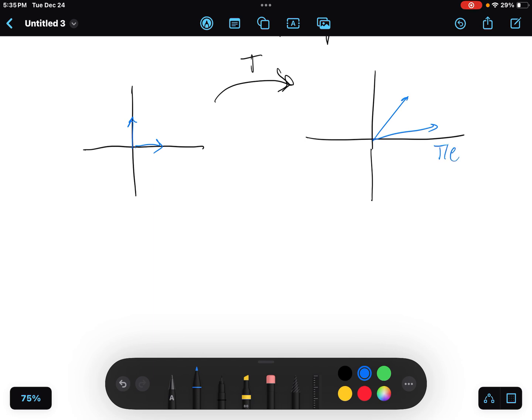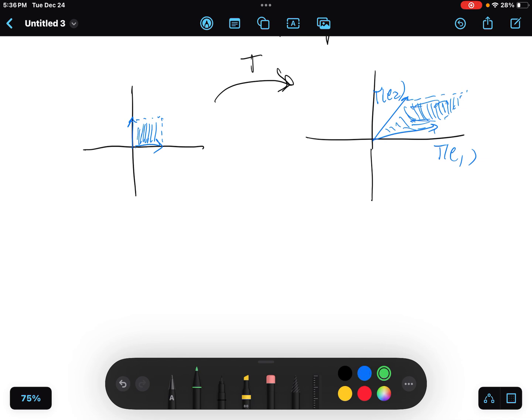So this is T of E1, that's T of E2. Then the square that's formed by E1 and E2 will go to the parallelogram that's formed by these outputs, because you're looking at the linear combinations where the coefficients are between 0 and 1.